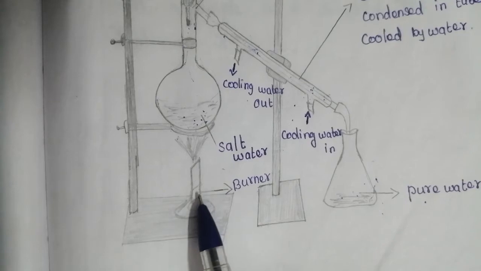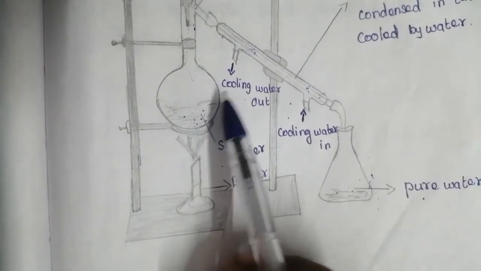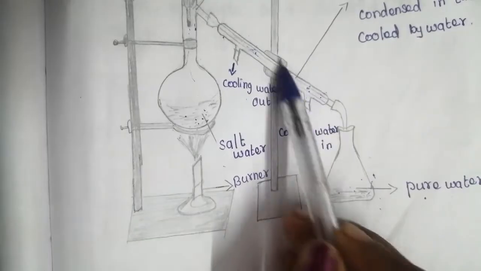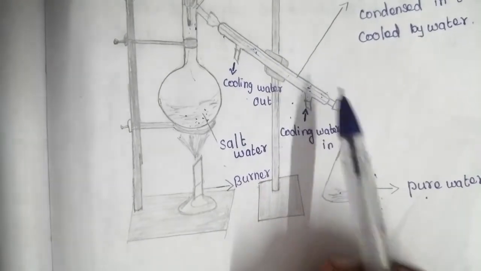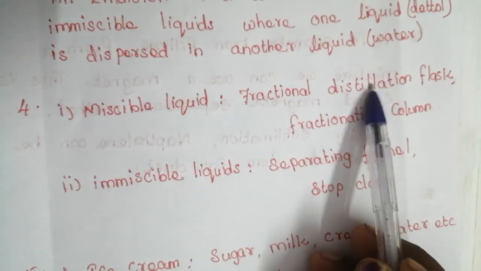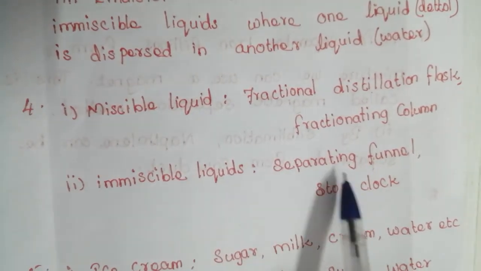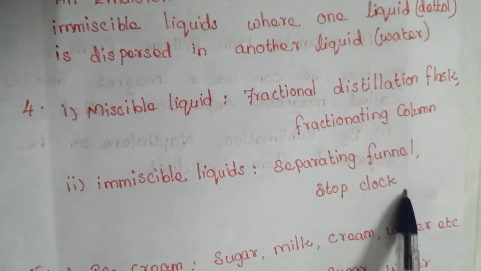See this picture, students. This is the fractional distillation flask and this is the fractionating column. So your answer, fractional distillation flask, fractionating column. And for immiscible liquids, what are the things? Separating funnel, stop clock.